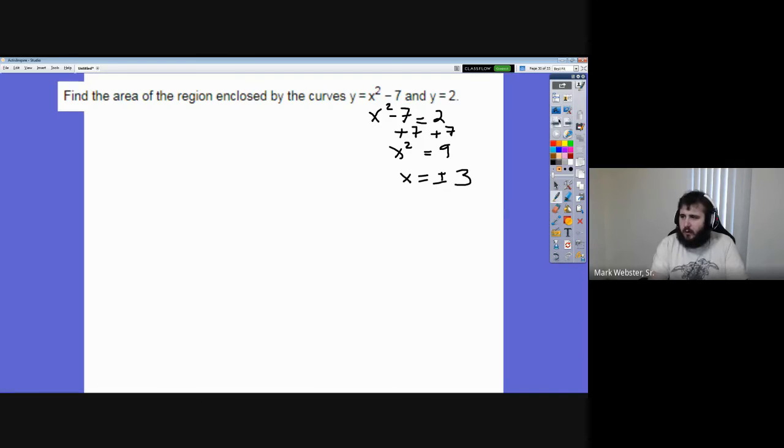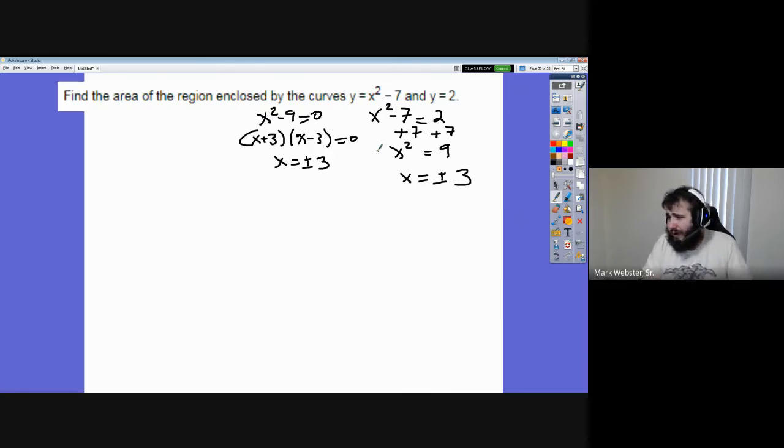Now, if you would prefer, you can also do this with difference of squares binomials, right? You could write this as x squared minus 9 equals, and then x plus 3, x minus 3. Either way, your two bounds are 3 and negative 3. So just, whatever you would rather do.